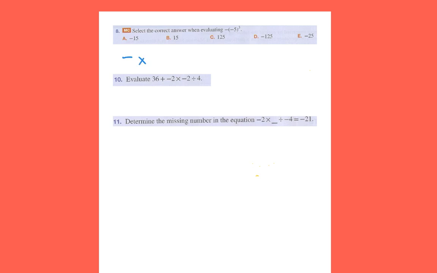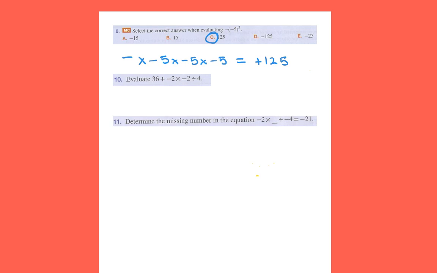So negative 5 cubed is negative 5 times negative 5 times negative 5. So 3 lots of 5. So negative 5 times negative 5 times negative 5 is 125. But let's look at how many negative signs we've got. We've got 1, 2, 3, 4 negatives, which make a positive.